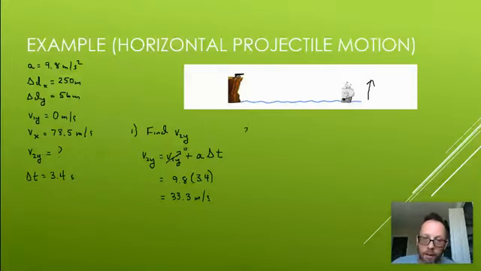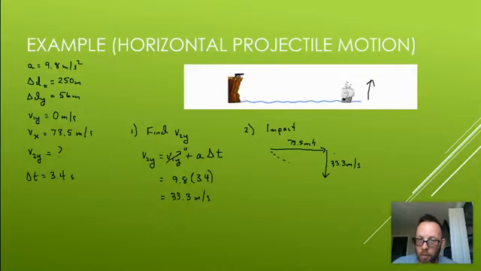And now we're going to put it together. So we know at impact, we have a horizontal component of speed of 73.5 meters per second. And we've just found out at impact, the vertical component of speed when we strike the water is 33.3 meters per second. And here's where our work with vectors comes in.